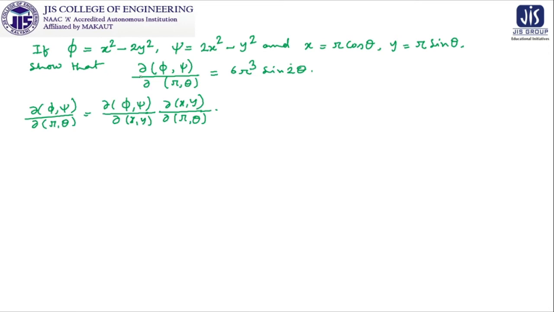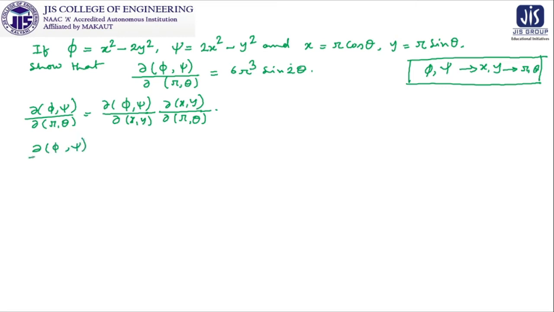Here phi and psi are functions of x and y, and x and y are functions of r and theta. So if we want to know the relationship between phi psi and r theta by this Jacobian, we have to write it in this chain. Clear? Now we are going to start the problem to calculate the required expression.